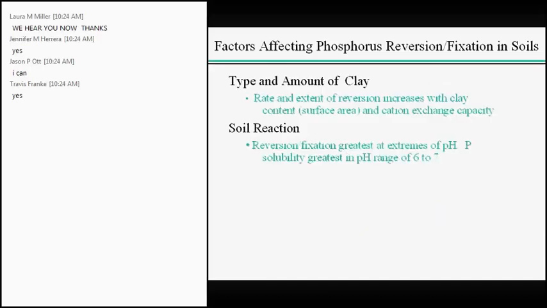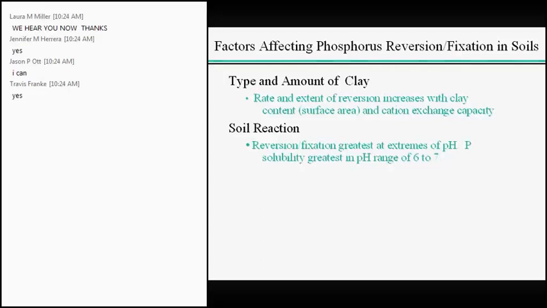So the type and amount of clay plays a role, and it's mainly 2 to 1 layer. Rate and extent of the reversion increases with the clay content, and it's mainly a surface area, and it's also cation exchange capacity, but on the other side of that, it's also an anion exchange if we get to pHs less than 5.5.